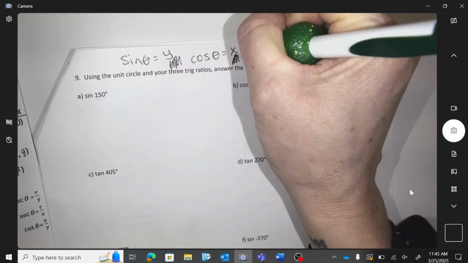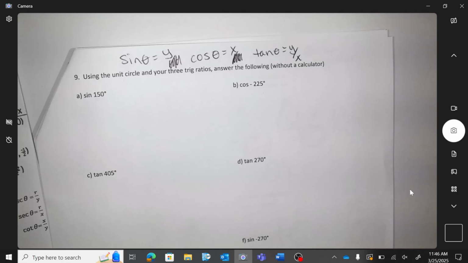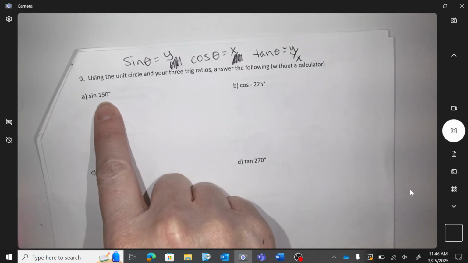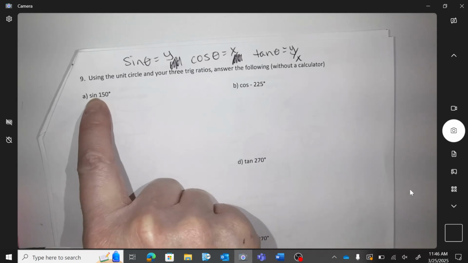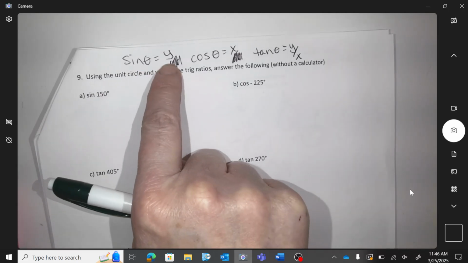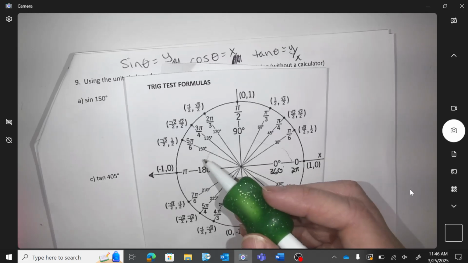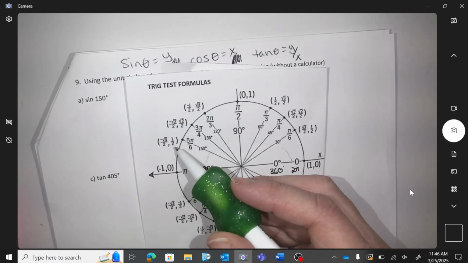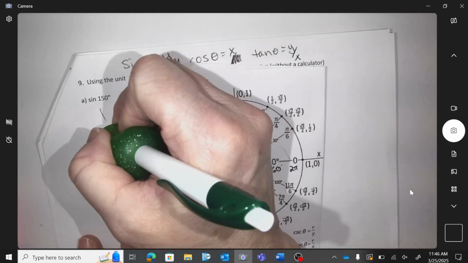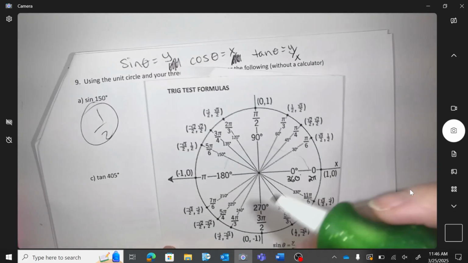I get to drop the R because it's dividing by 1 on the unit circle. Okay, so here we go. First question, you got to go to 150 degrees and it's sine, so the formula says tell me the y value. So 150, the y value is 1/2. Done.